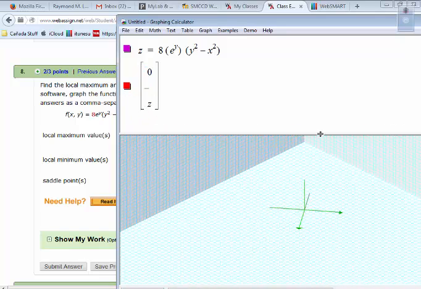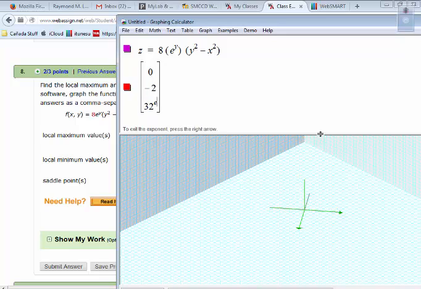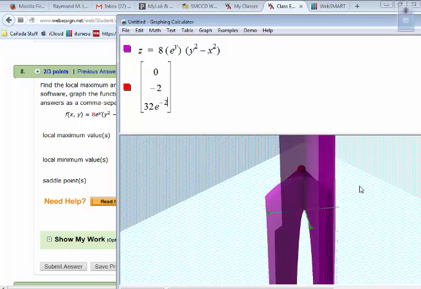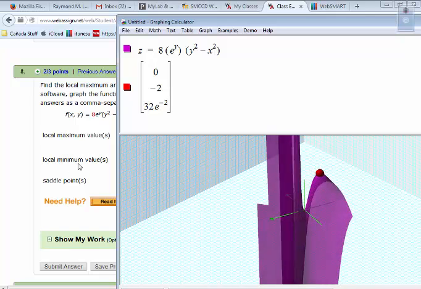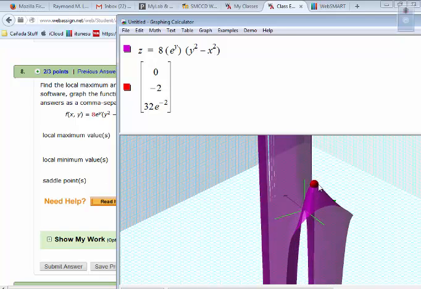Zero, negative 2. Let's put, what was it? 32 e to the negative 2. Looks pretty right to me, sitting up there.